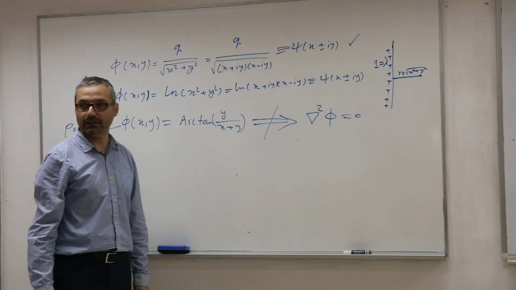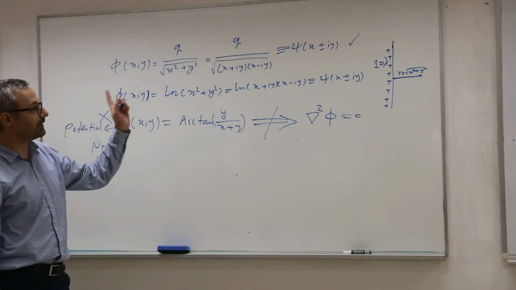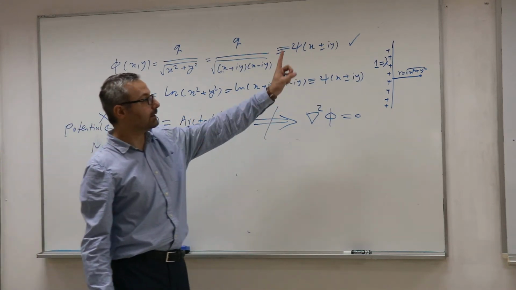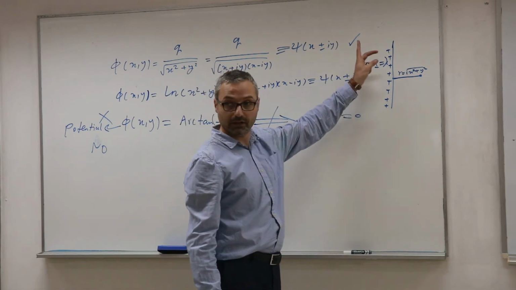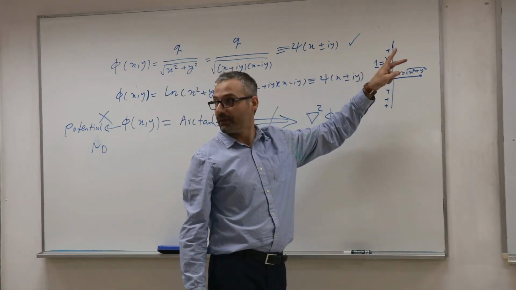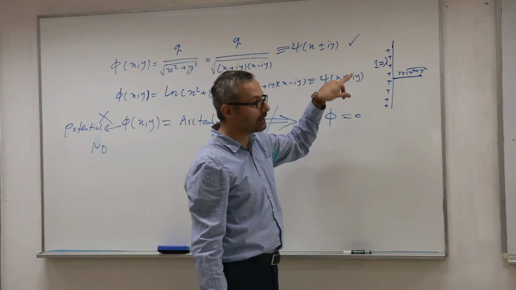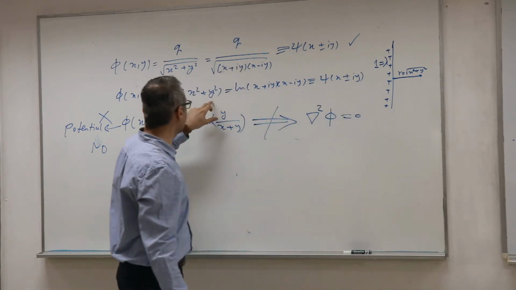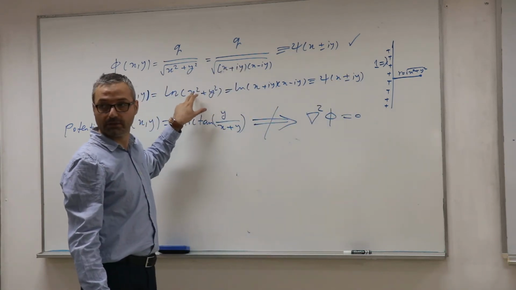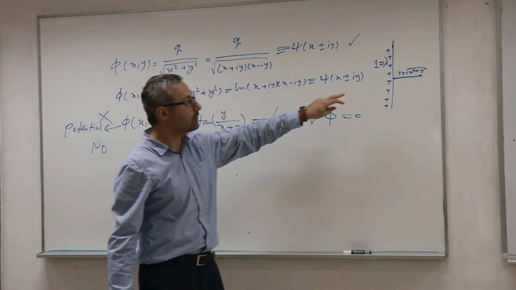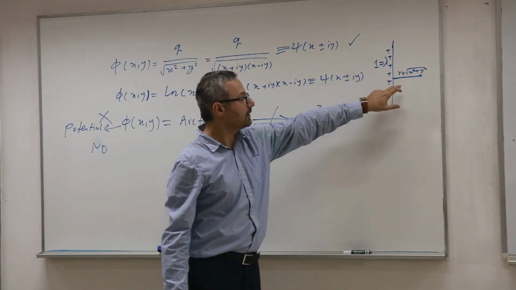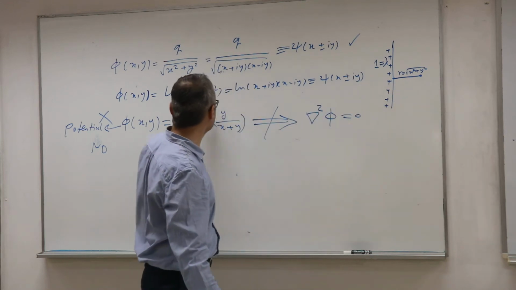If you go to the textbook, you see that the electric field for one long wire is 1 over r. And if you take the integral of that, you get logarithm r. So this is the logarithm. This is the potential. I just give the hint to you that this is the physical example for these functions.